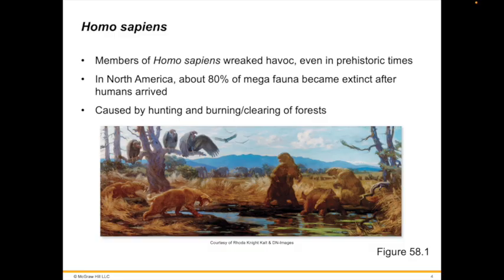Smaller islands have also been devastated. Madagascar has seen the extinction of at least 15 species of lemurs, including one the size of a gorilla, a pygmy hippopotamus, and the flightless elephant bird, Aepyornis, the largest bird to ever live, more than 3 meters tall and weighing 415 kilograms.